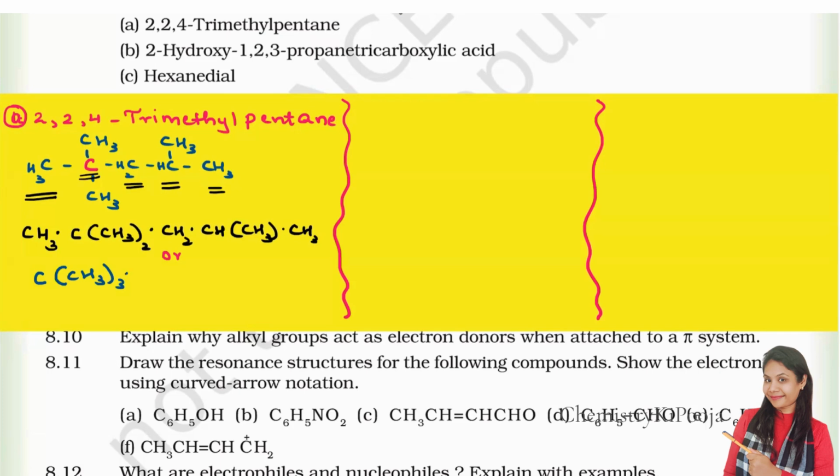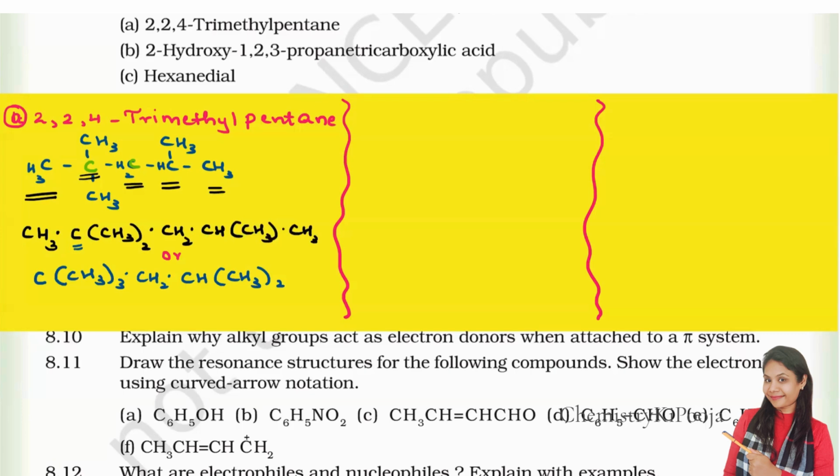Then after this carbon, there is a CH2 group. This group I'm going to write down now. So it is CH2. Then next to it, we have a CH and then again CH3 2 times. Clear? So what I have done is this CH3 also I have written in bracket because this CH3 is also present on this carbon. Right? Okay, so this is the condensed formula I have written.